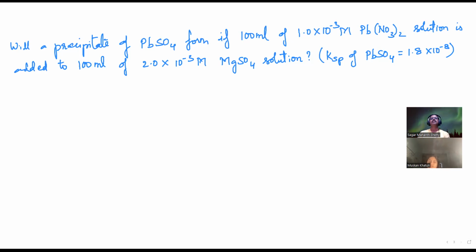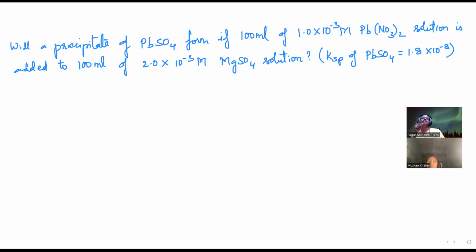What we first need to do is find out the molar value of sulfate and lead separately. So the moles of both need to be done first. So how do we do that? For that, there is a formula again. Is it n over M? Yes.